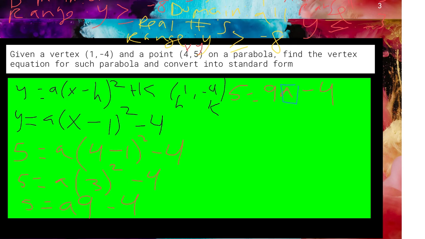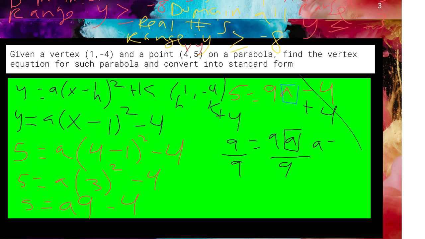I'm going to move that minus 4 by doing the opposite, which is plus 4. So plus 4 here, plus 4 here. These go away, and 5 plus 4 is 9, so it is equal to 9a. And now this is multiplication, so I do the opposite, which is divide. I'm going to divide by 9 on both sides.